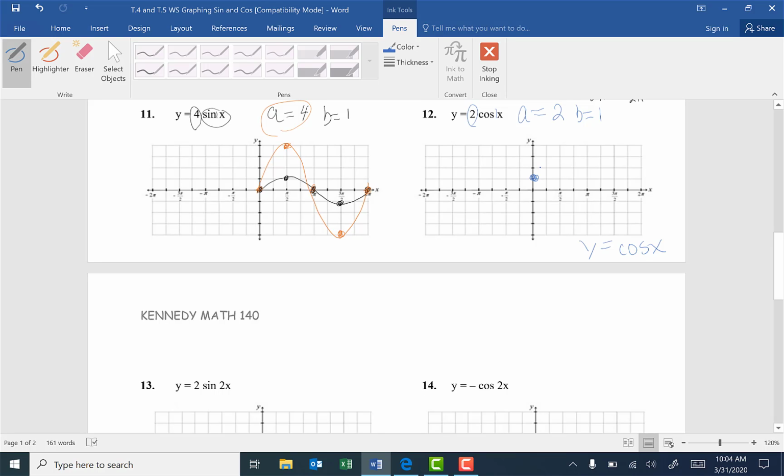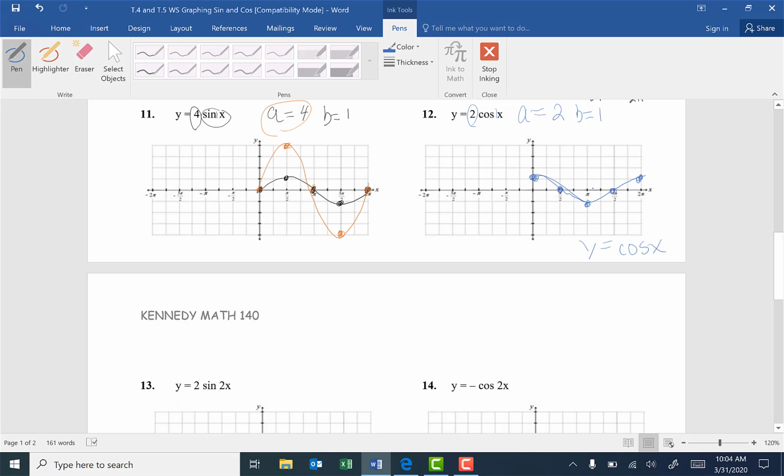It then hits 0 at pi over 2, then it goes down to -1, hits 0 again, and then goes back up to 1. So the cosine curve looks a little different than the sine curve. It starts at 1. Sorry, that's not a very good graph.